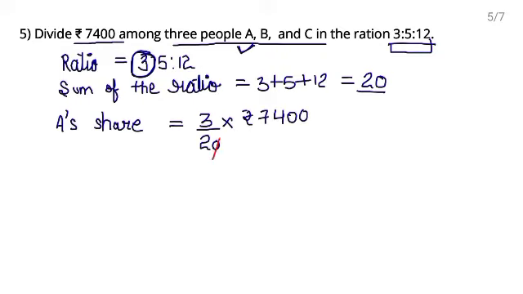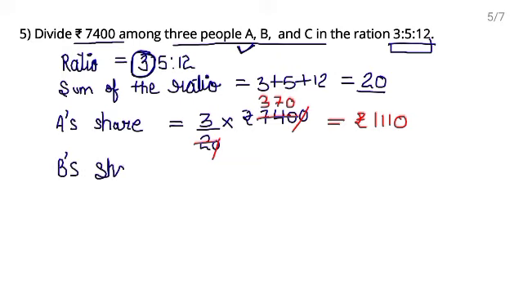This denominator and this numerator, 0 can be cancelled out. Now 2 3s are 6, 2 7s are 14, 0 as it is. So what you are getting? 3 multiply rupees 370. When you will multiply it, you will get rupees 1,110, right?